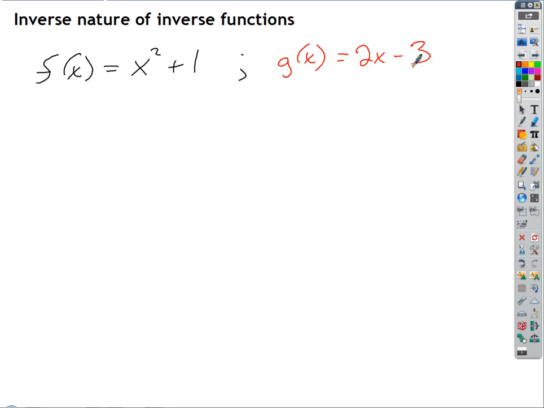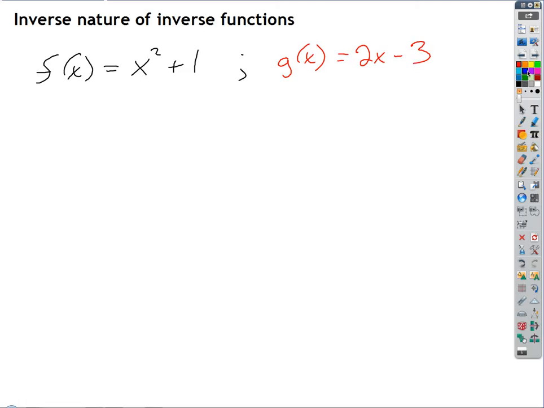Okay? I want to do what's called, remember talking about compositions of functions? Back in Algebra 1. I remember that. Okay, well, there we have it.